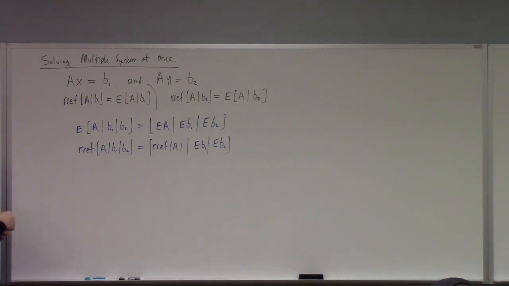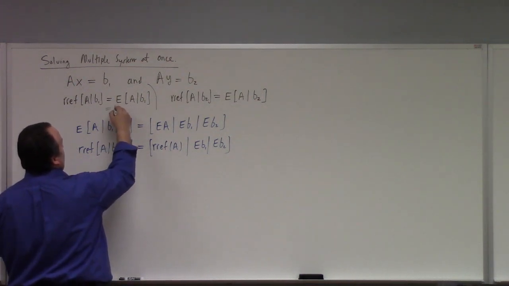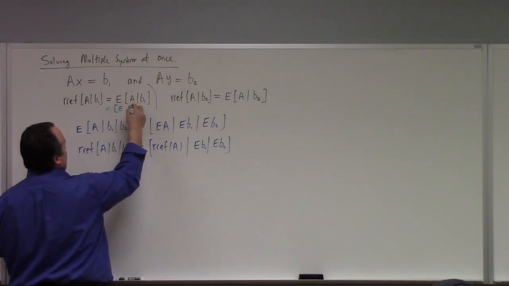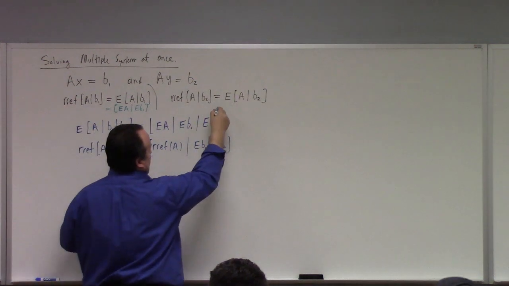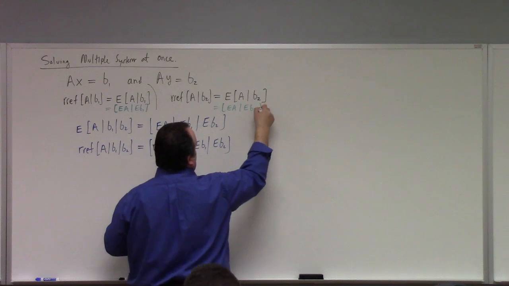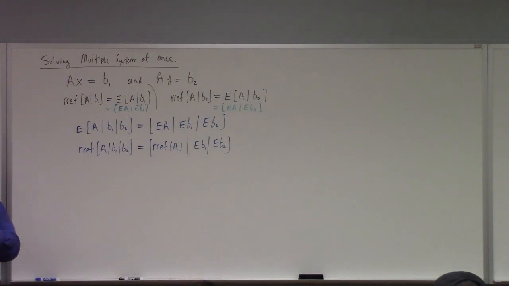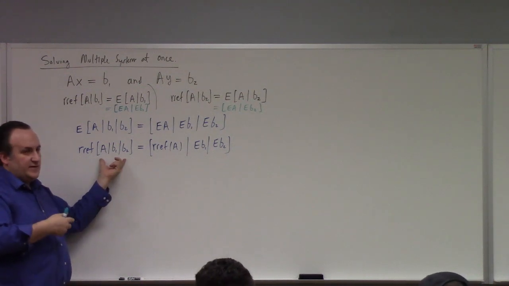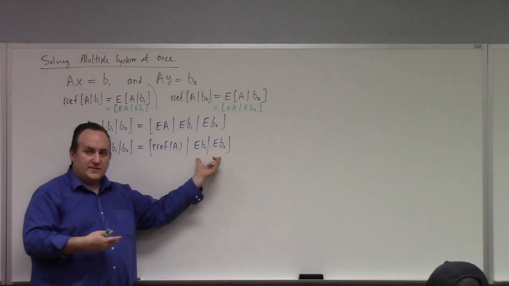But if you go back up to here, you see this is actually the same, by the same identity. This is EA with EB1. And this is EA with EB2.